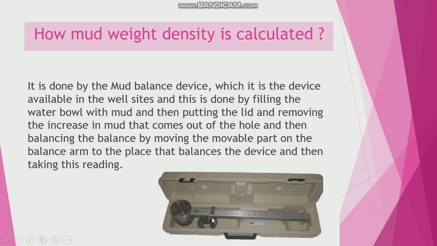Then balancing the balance by moving the movable part, okay, this is the movable part on the balance arm, to the place that balances the device, and then taking the reading. This reading equals the mud weight density, which we use in the hydrostatic pressure of the mud equation, or mud hydrostatic pressure equation.